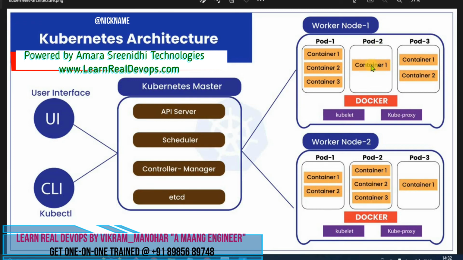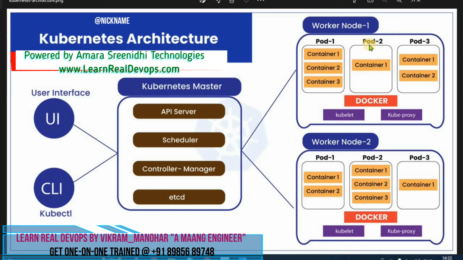Every pod will have a unique IP address. When your application is running inside the container, it is running inside the pod. So to access your application which is running inside the pod, which means running inside the container, you should access the pod IP address.